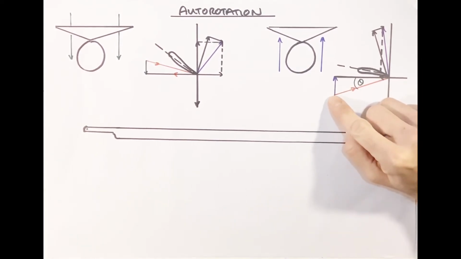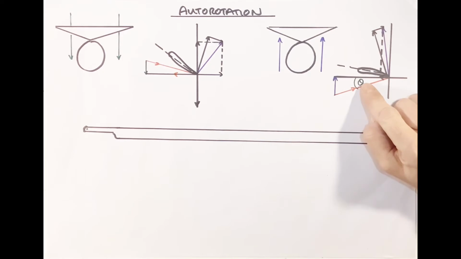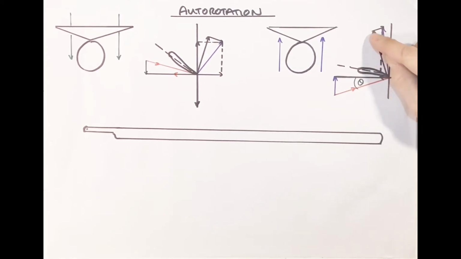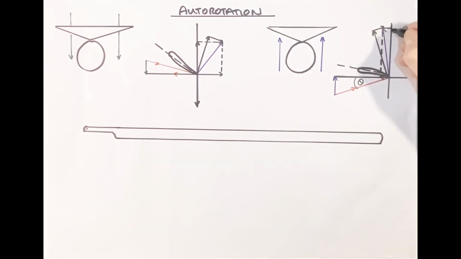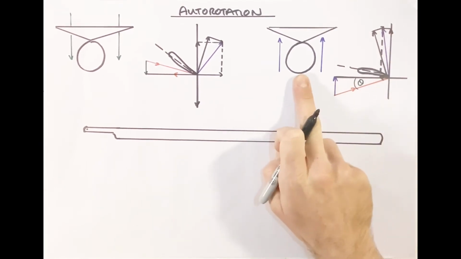Aircraft is still accelerating downwards, but eventually we'll get to the point where the rate of descent flow is large enough to create an inflow angle, which is large enough to create an angle of attack, which is large enough to create a lift vector, and therefore a total reaction force vector, which is large enough to give us a total rotor thrust that is equal to the weight of the aircraft.